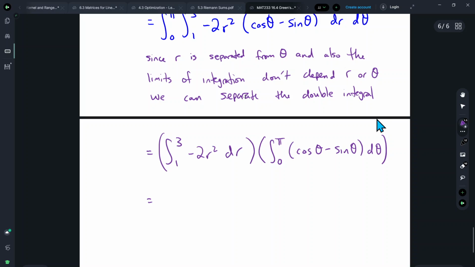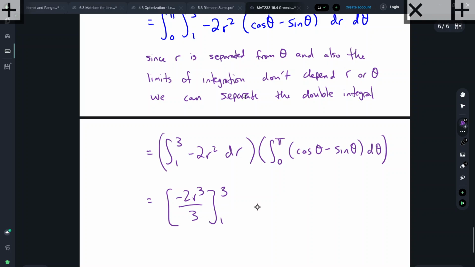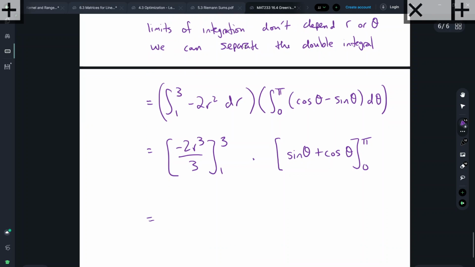Okay, so the antiderivative here is minus 2r cubed over 3 evaluated from 1 to 3, and then times the antiderivative here. The antiderivative of cosine is sine. The antiderivative of sine is minus cosine. So minus minus becomes a plus, evaluated from 0 to pi. Okay, so now we just calculate, right?